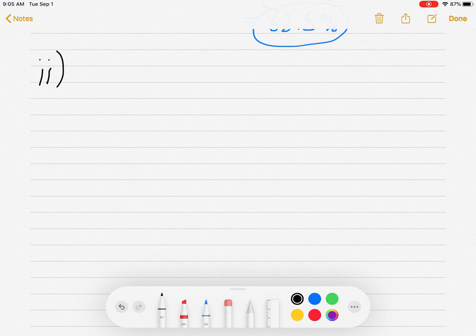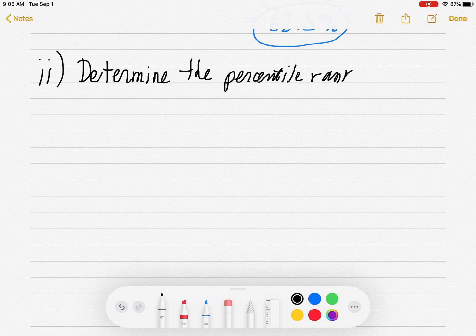Determine the percentile rank of, let's do 86. In other words, the percentage of x values, data values, less than or equal to 86. That's what we're finding.